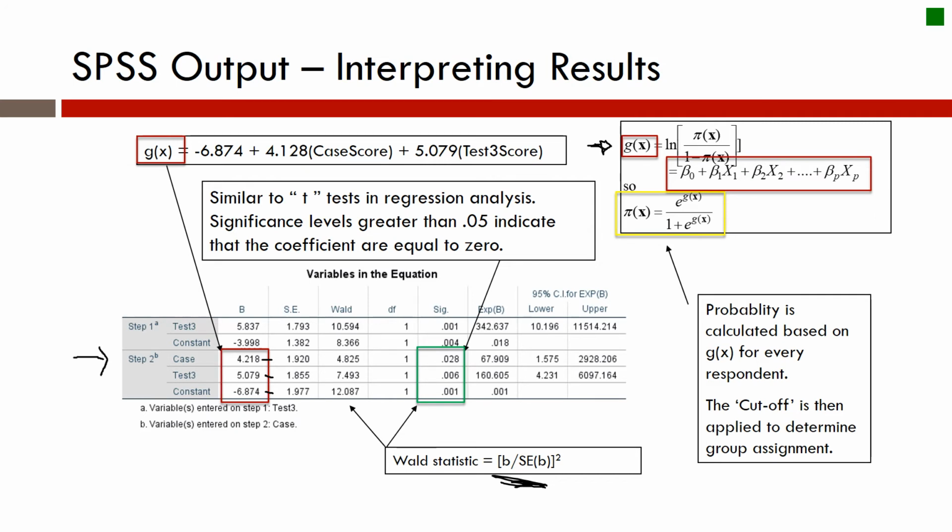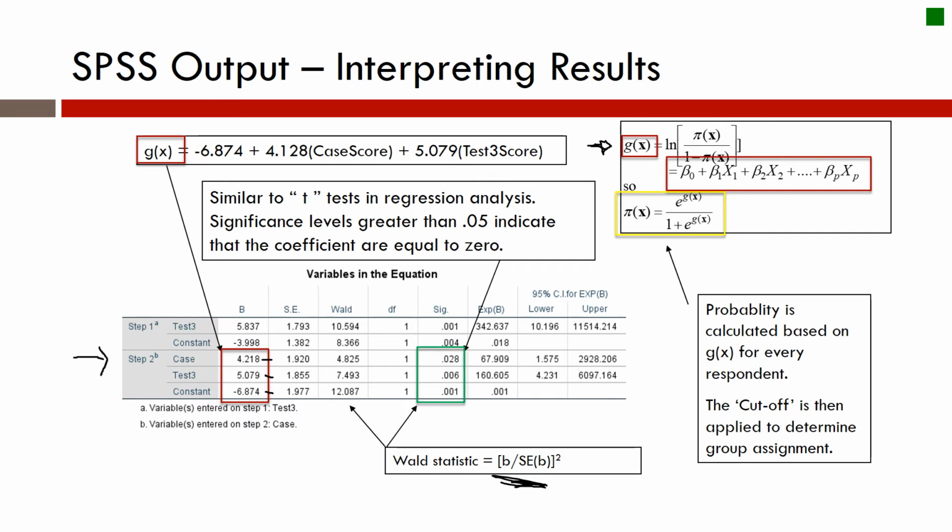Another aspect that we want to think about is how we use G sub x to create a probability in which we'll place our actual respondent. So remember, this is a two-step process that happens.